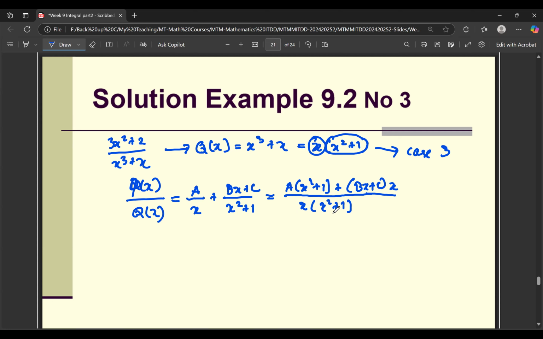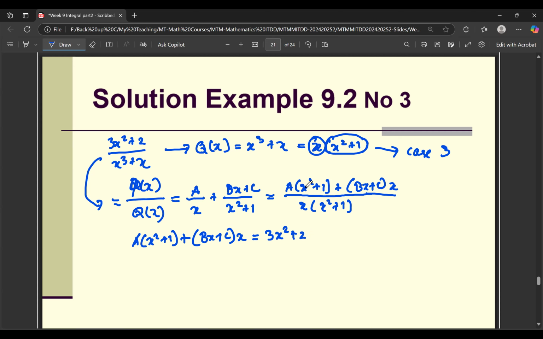On the other hand, p(x) divided by q(x), as we know, is (3x squared plus 2) divided by (x cubed plus x). So we have A times (x squared plus 1) plus (Bx plus C) multiplied by x is equal to 3x squared plus 2.